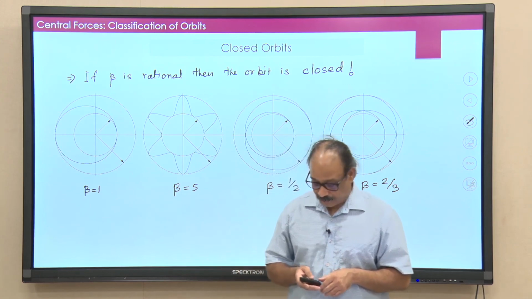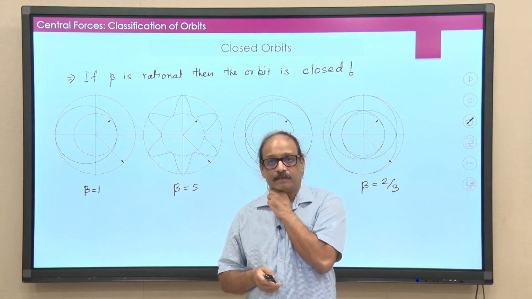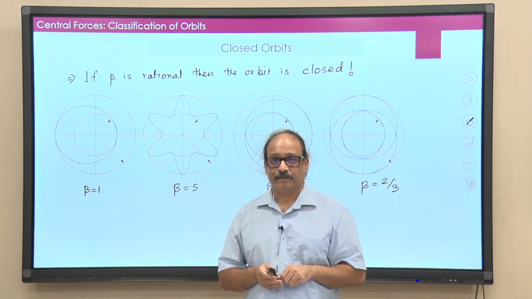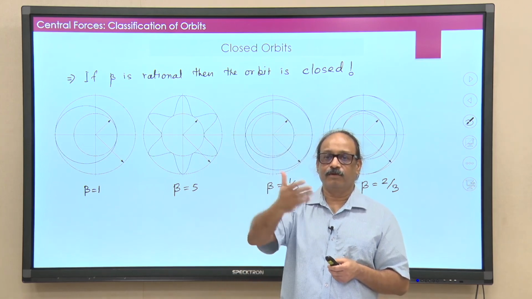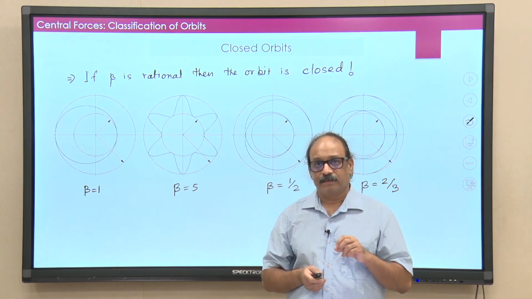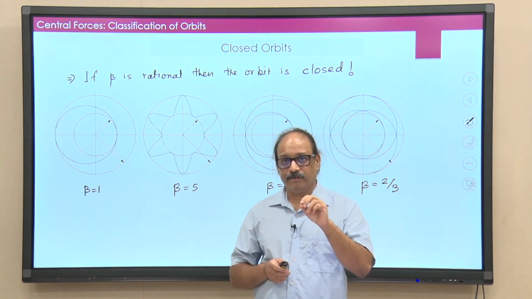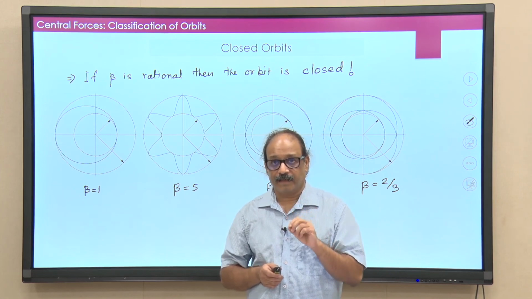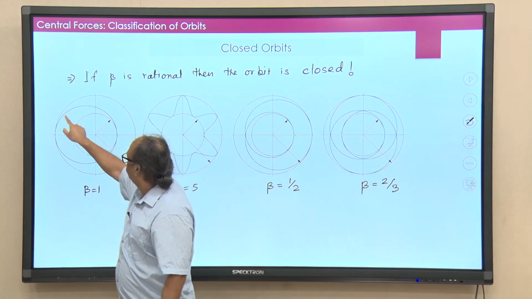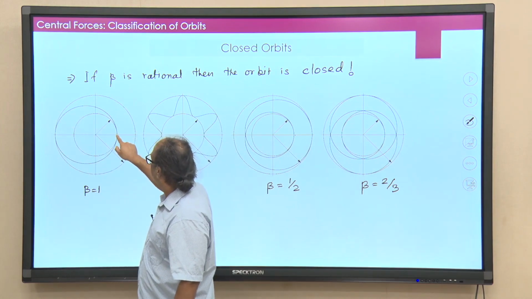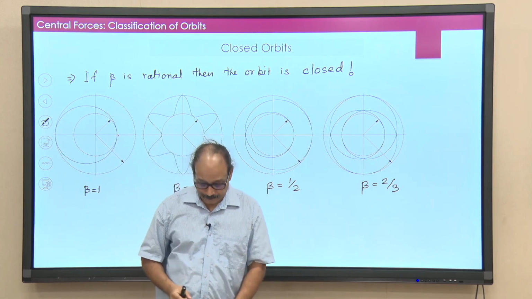And then Goldstein in his book argues that if you look at the planetary motion, all those orbits look closed. In fact, they are not closed, but there is a very tiny anomaly in the closing of the orbit. So the orbit which looks like this would not exactly be closed here, but would probably close slightly away from the original point.